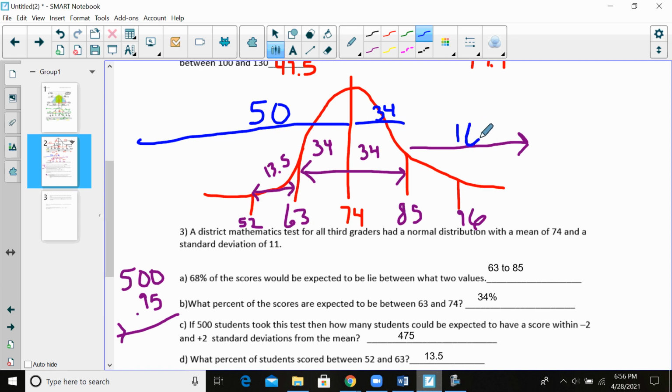Although that's not what I asked you, right? I asked you what would be the value that would have the same percentage below. Because of the symmetry in this curve, I would have to, from here down, see 16%. And so that's where I got the 63.